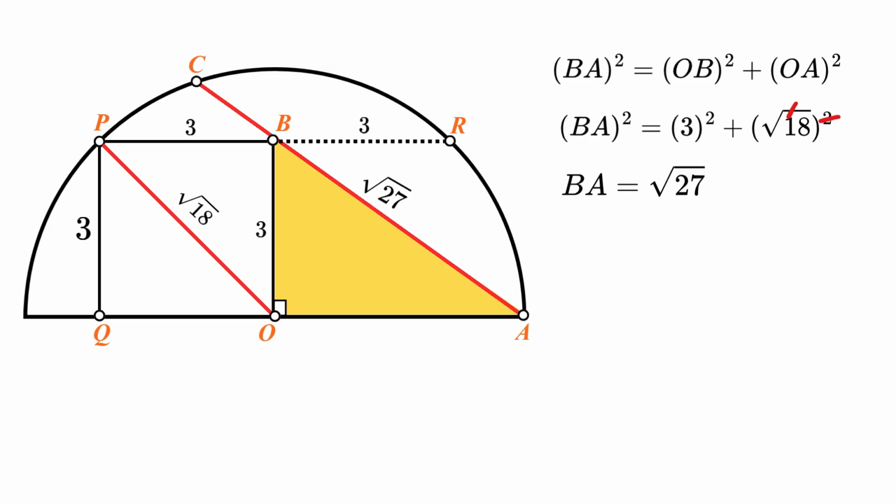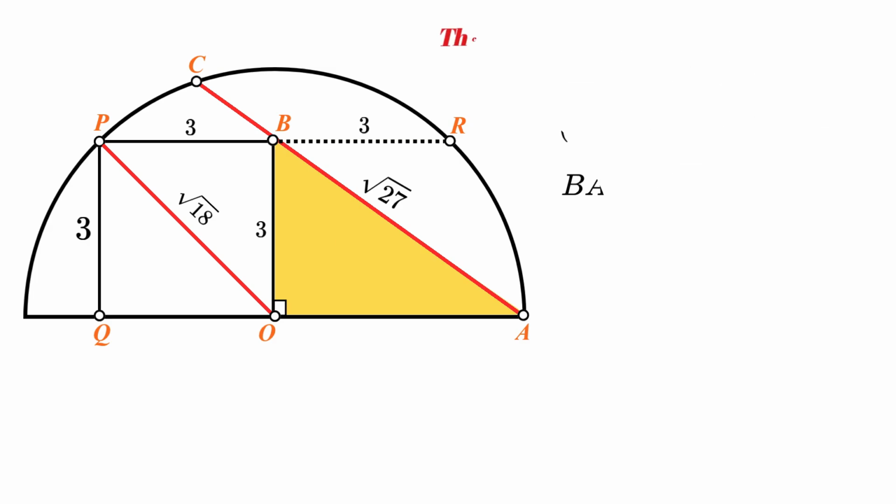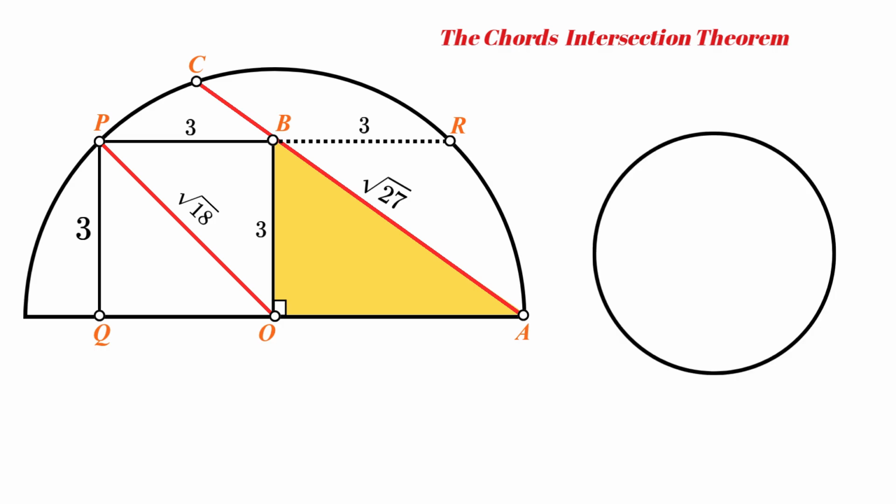Okay, now let's recall a really interesting theorem, and that is the Intersecting Chords Theorem. This theorem states that when two chords intersect inside a circle, the product of the lengths of the segments of one chord equals the product of the lengths of the segments of the other.